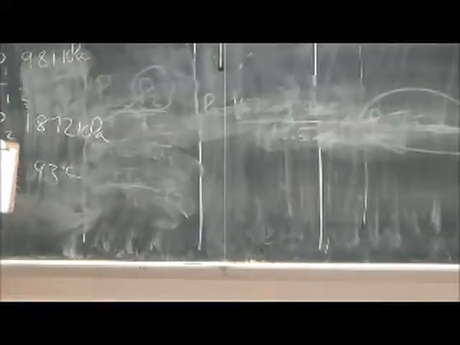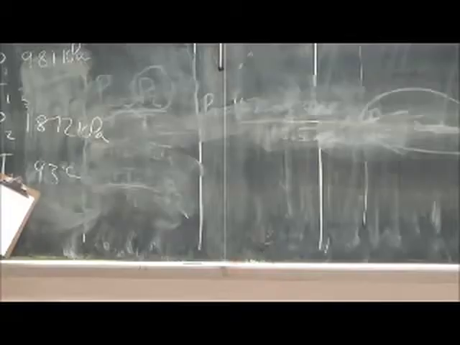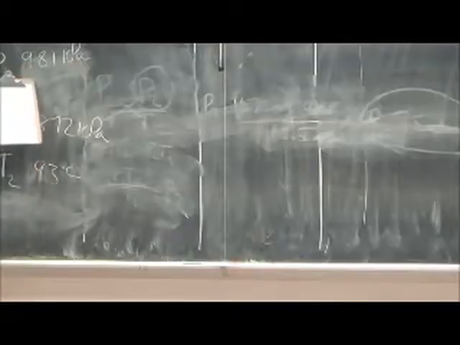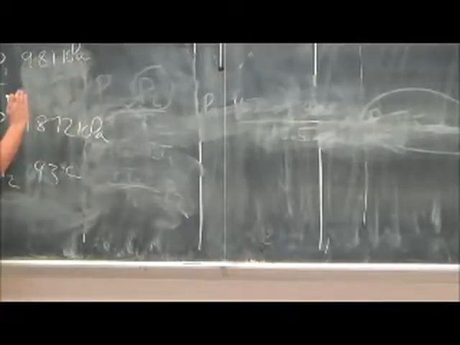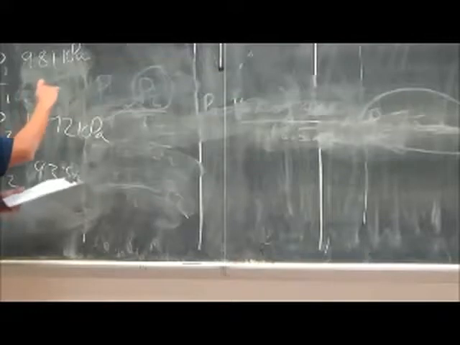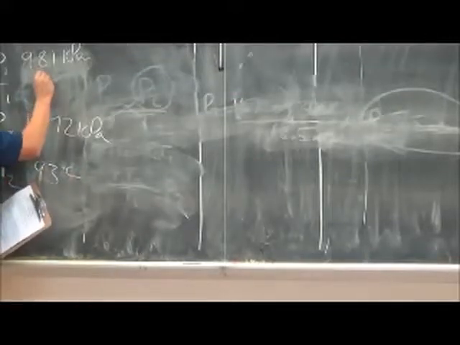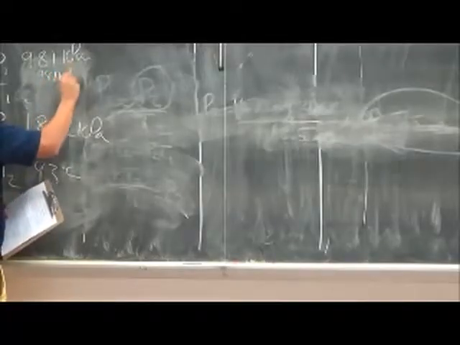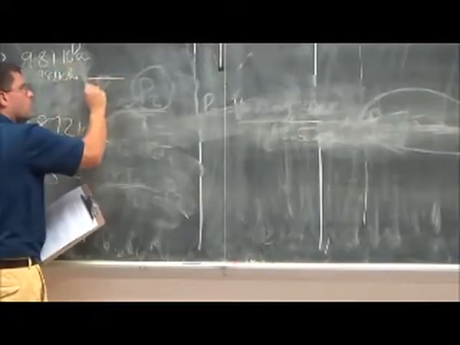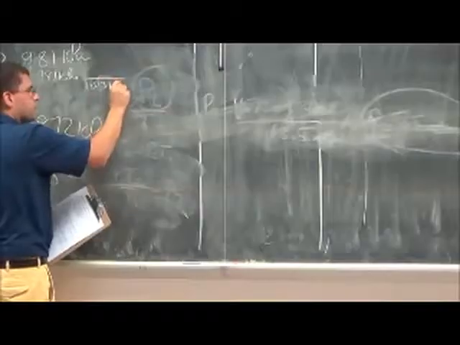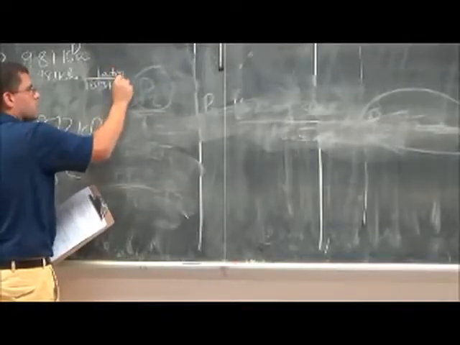Okay? So we've got to do a couple conversions here, all right? So I'm going to do the conversion right underneath here, just so you see it, although I think you understand it by now, okay? 981 kilopascals, 101.3 kilopascals for 1 atmosphere. Cancel, cancel. Just like that, okay?